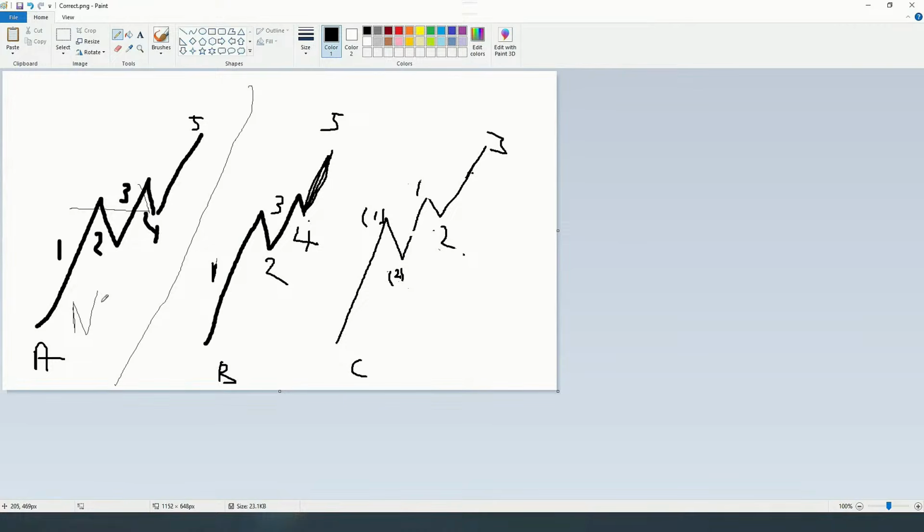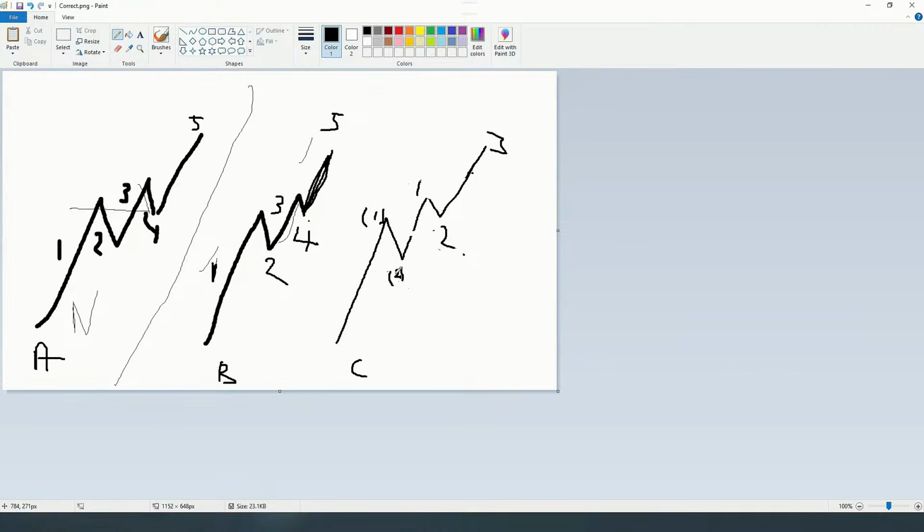All right. How about B? Is B a correct wave count? No. Why? Because 3 can't be the shortest wave, and in this, it is.